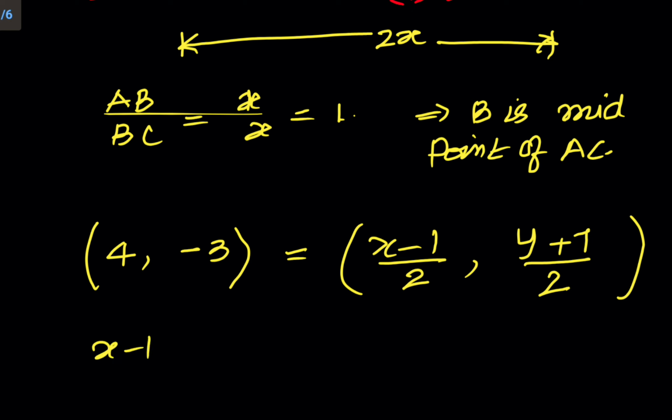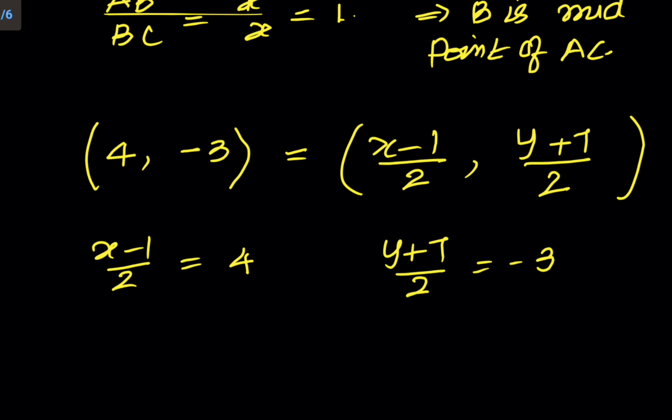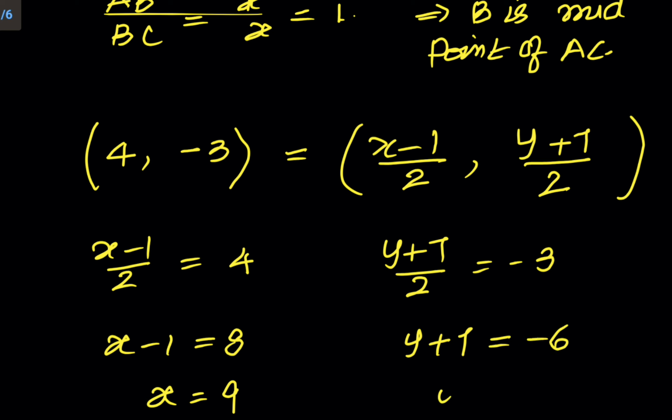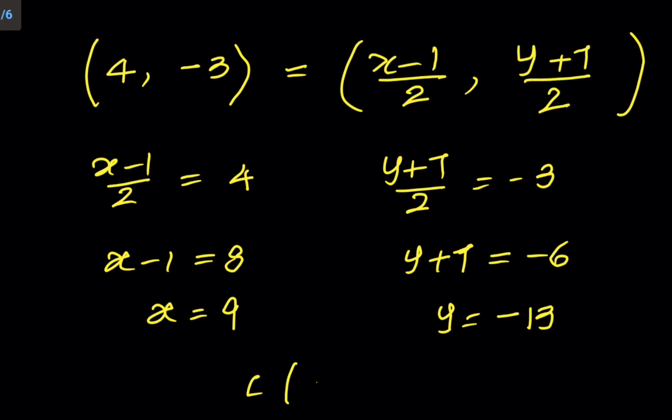We will get (x - 1)/2 equals 4, (y + 7)/2 equals -3. Let us simplify that. We will have x - 1 equals 8, or x equals 9. y + 7 equals -6, or y equals -13. So the coordinates of C are (9, -13).